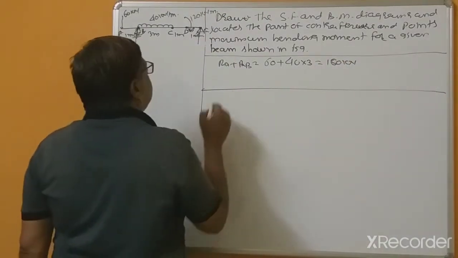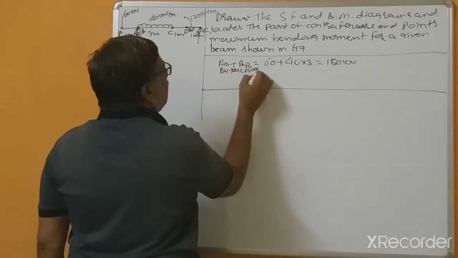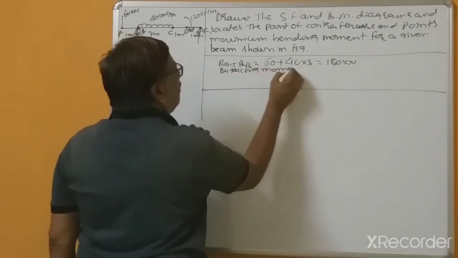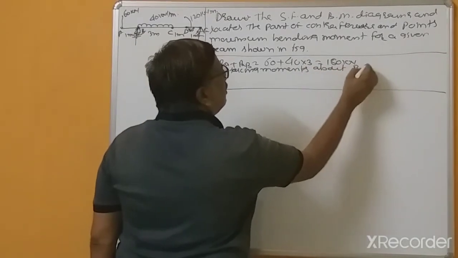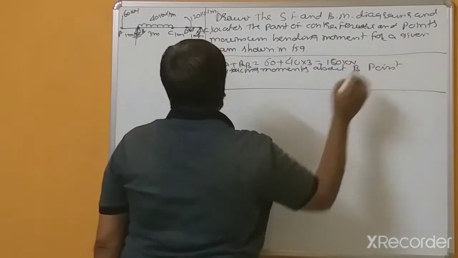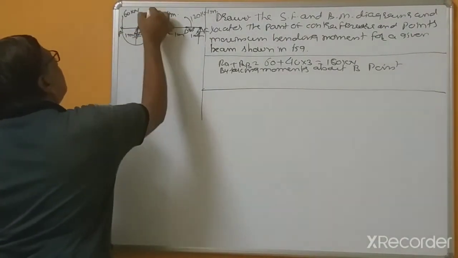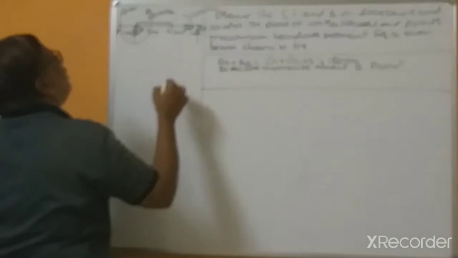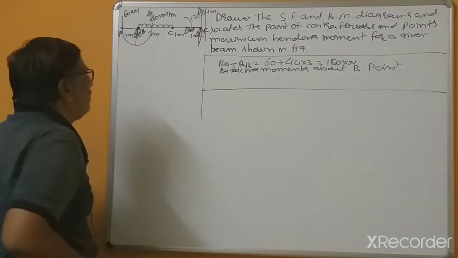Now, by taking moments about B point, this moment is anti-clockwise, this is anti-clockwise, this is clockwise, and this is clockwise.